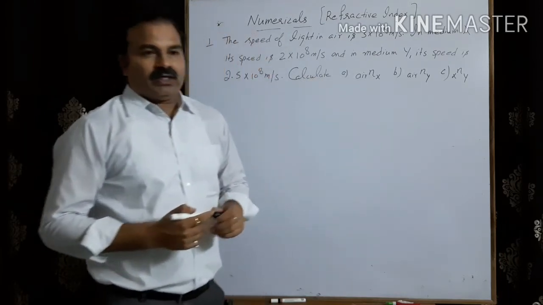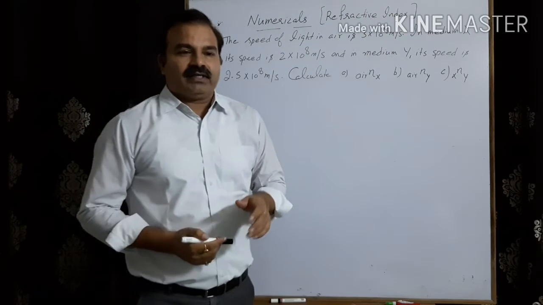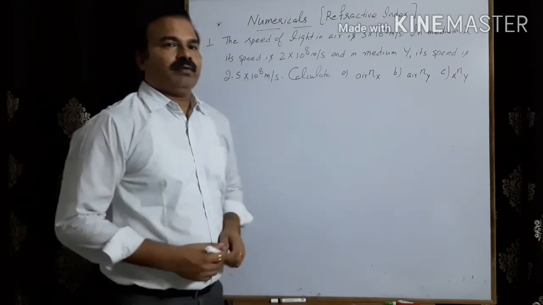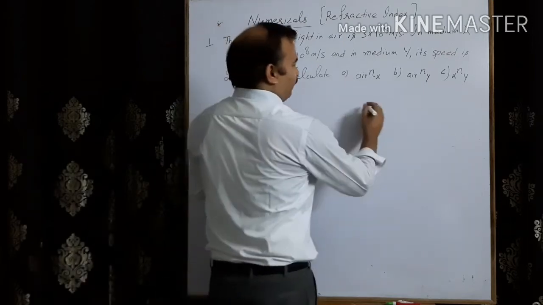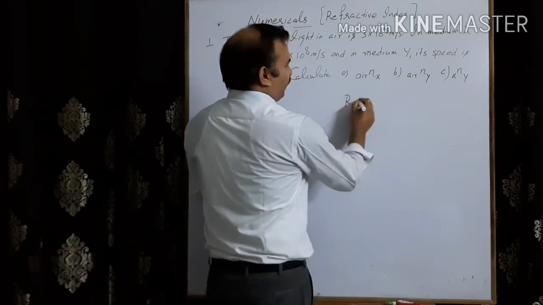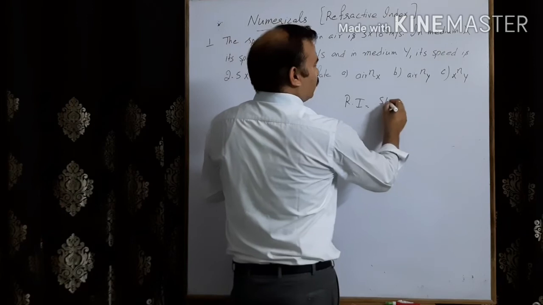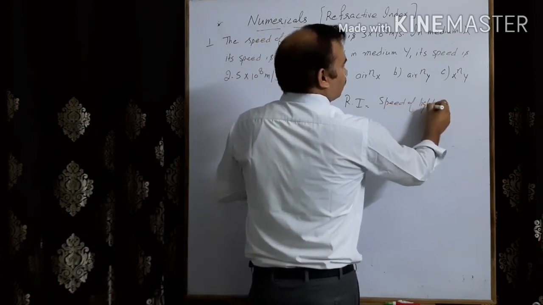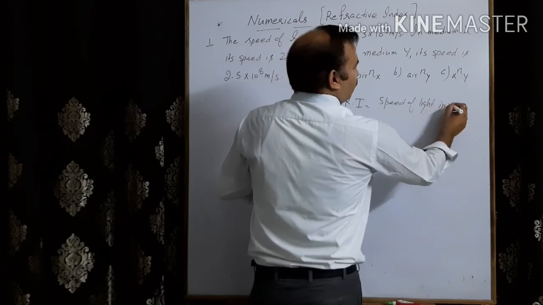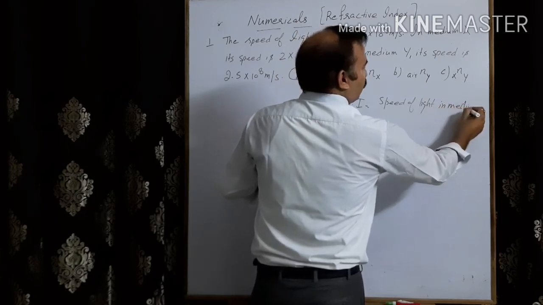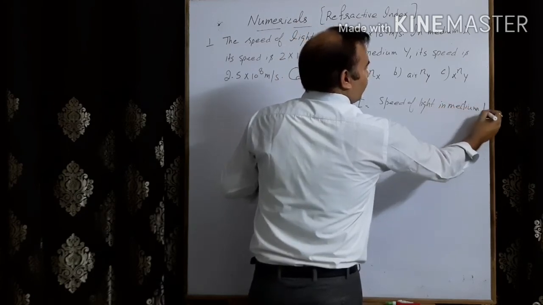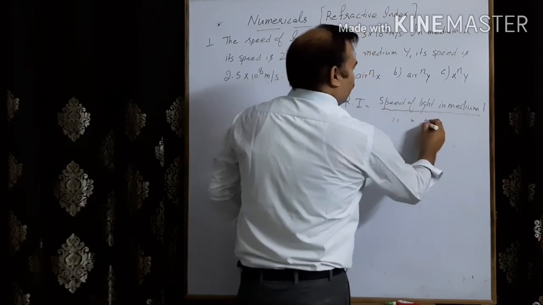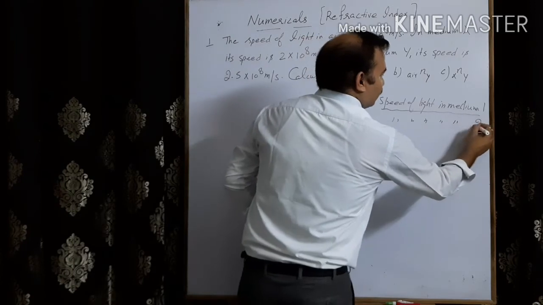Now one numerical I'm going to do based on the refractive index. First of all, you should know what the refractive index is. That is a ratio of the speed of light in medium 1 upon medium 2. If I write the formula, refractive index is equal to speed of light in medium 1 upon speed of light in medium 2.